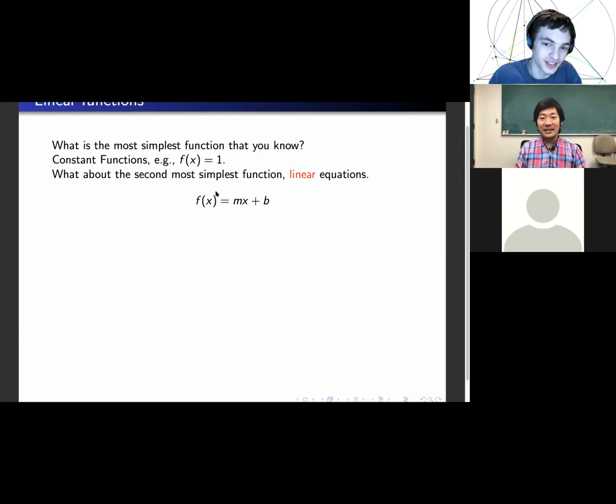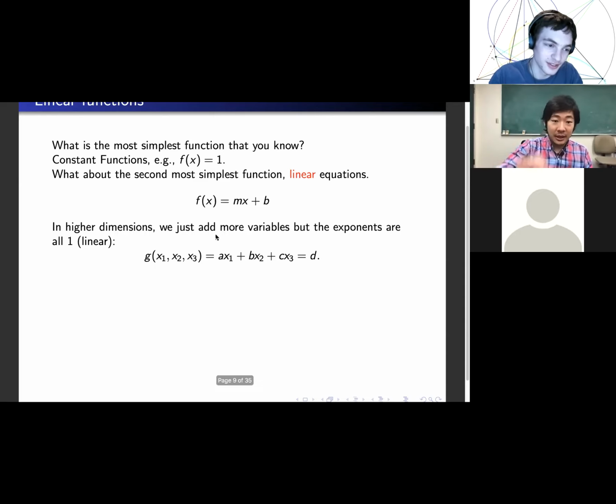I would say it's the linear equation or linear function, which I'm sure you've seen before. It's linear when there's only a variable here, the exponent here is 1, and this m and b are just numbers. The equation of a line is y equals mx plus b. If you make it a function in terms of x, then you get linear functions.